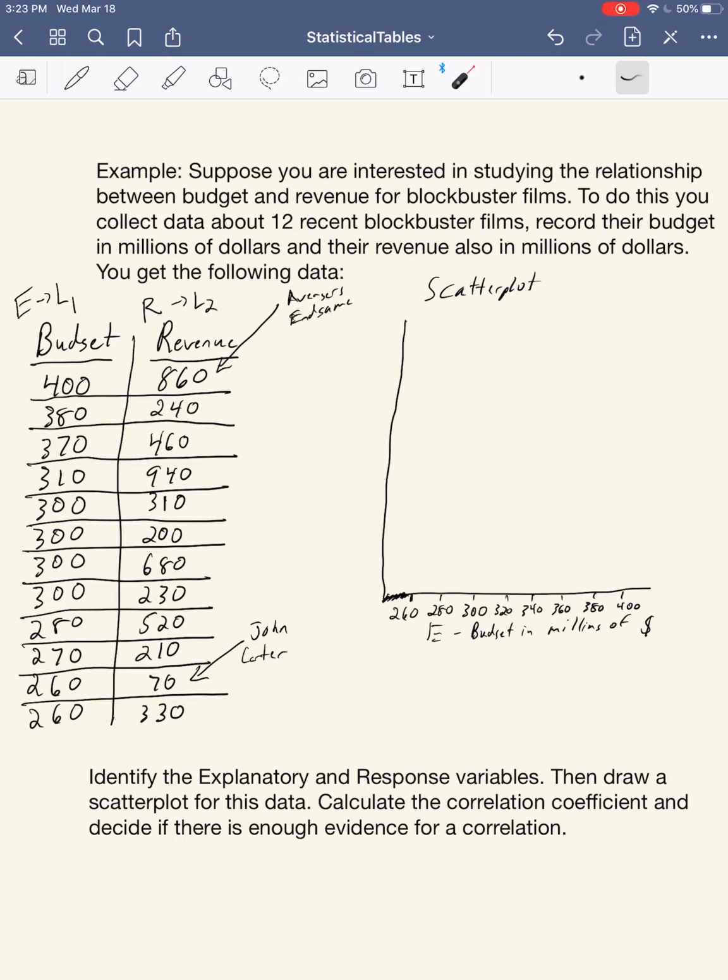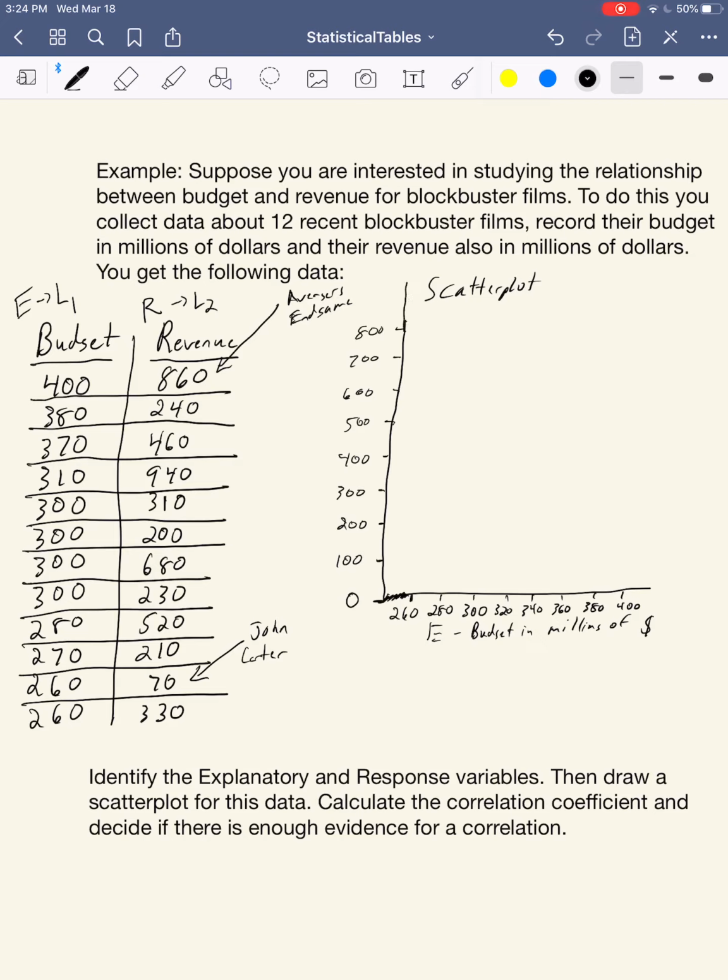All right, for revenue, let's go ahead and be careful here. The largest revenue actually was this guy here with 940 million, and the lowest was about 70 million. So that's a pretty wide range. So we'll need a pretty large scale here. So let's go ahead and start this guy at 0, and then we'll just go by hundreds. So that'll be 100, 200, 300, 400, 500, 600, 700, 800.